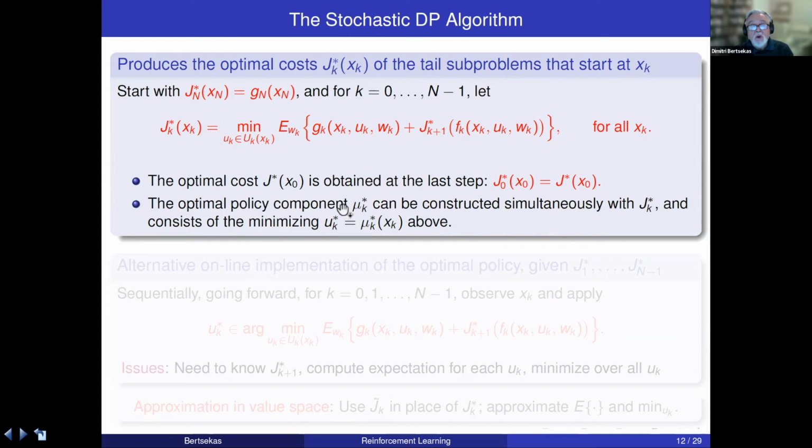And this calculation also will give you the optimal policy component for every stage. At stage k, mu k star is constructed simultaneously with this calculation by finding the minimum and setting mu k star of xk to this minimum. So at state xk, whatever attains the minimum is the optimal control, and it's one entry in the lookup table that represents mu k star.